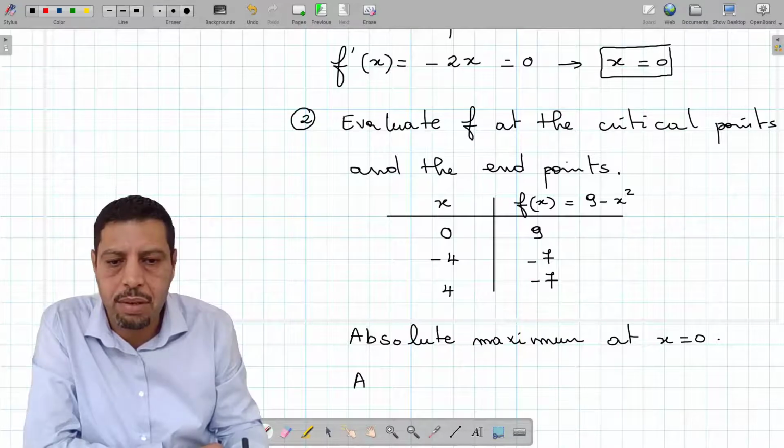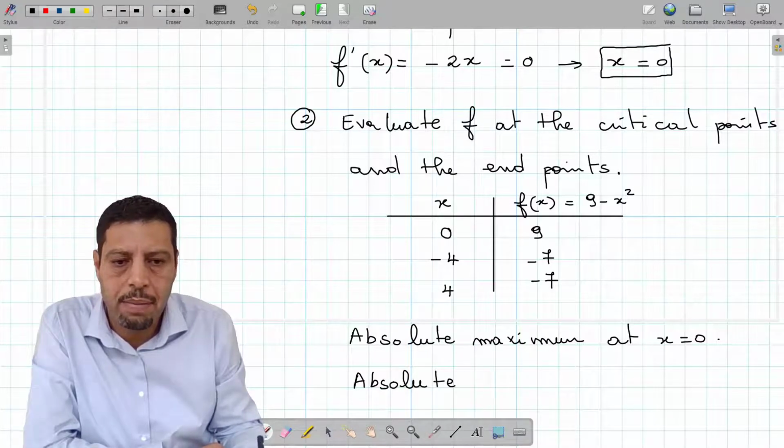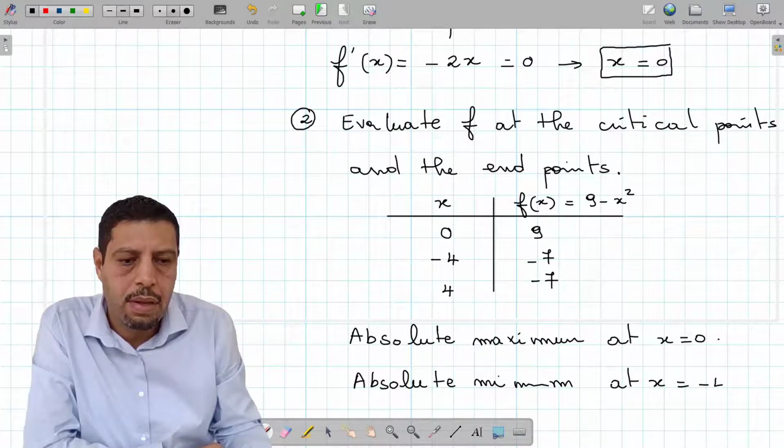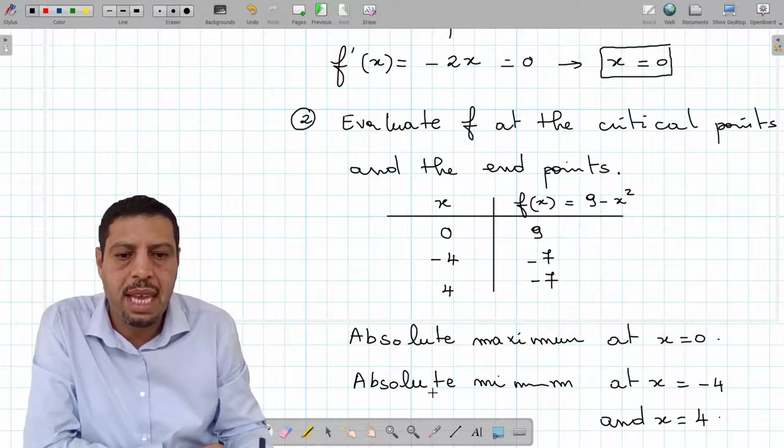So we have an absolute or global minimum at 2 points: at x equals negative 4 and x equals 4. You may have the same absolute minimum at different points, okay?